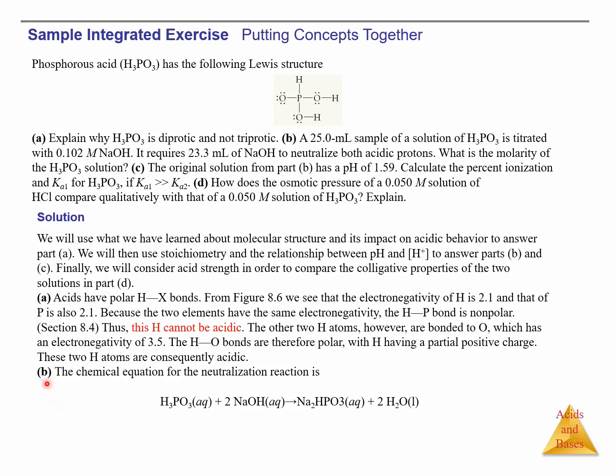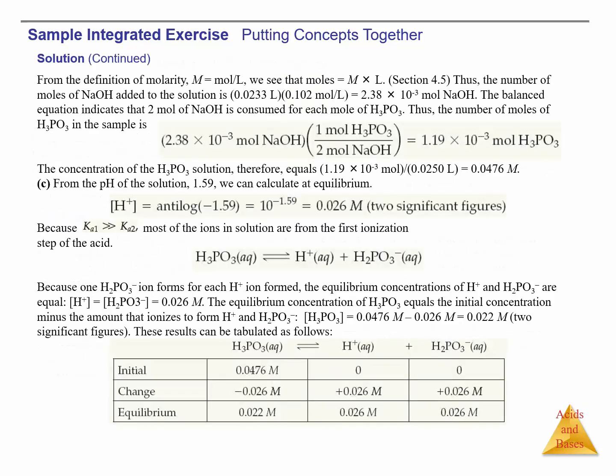So here, to start answering B, we must put the chemical equation for the neutralization reaction. You see here, 1 mole of H3PO3 is stoichiometrically equivalent to 2 moles of NaOH. Remember this as we continue the solution from the definition of molarity. Molarity equals moles per liter. We see that number of moles equals molarity times volume. Thus, the number of moles of NaOH added to solution is this times this, and this is the number of moles of NaOH.